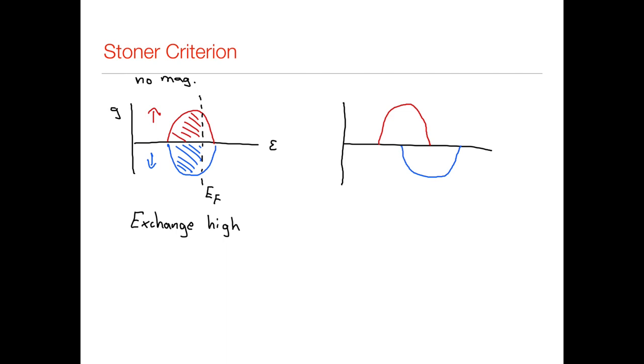And so potentially now, if I put in EF, I've got the same total number of electrons occupied, but this is magnetic. So this would have more up magnetic moments than down magnetic moments.